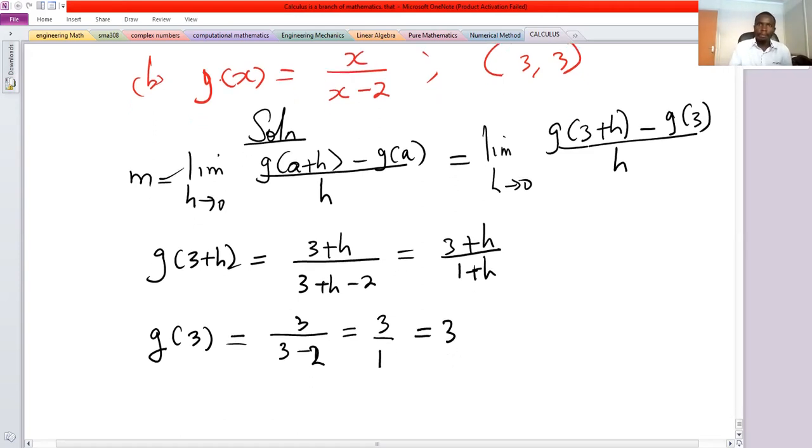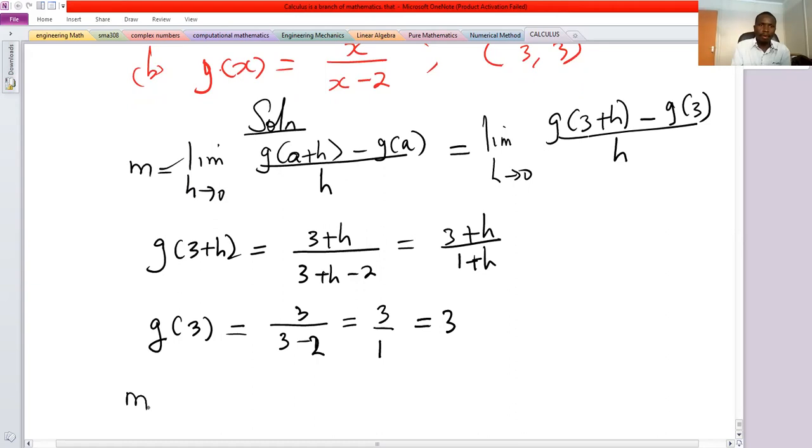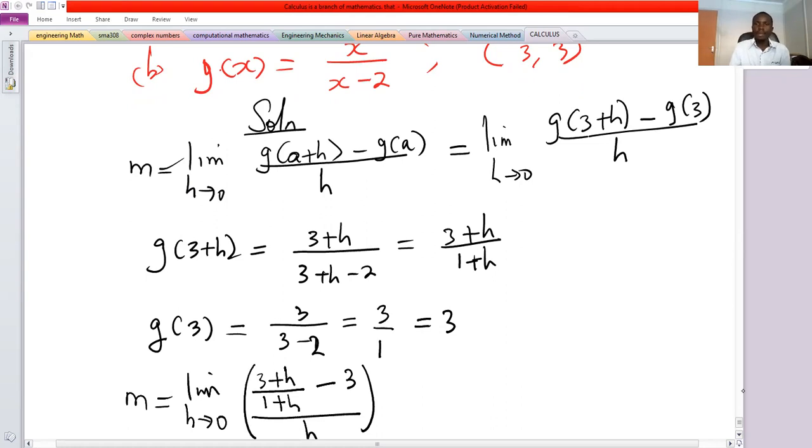So therefore, m will be the limit as h approaches 0 of 3 plus h divided by 1 plus h, minus 3, divided by h. Now, let's put the numerator under one LCM.